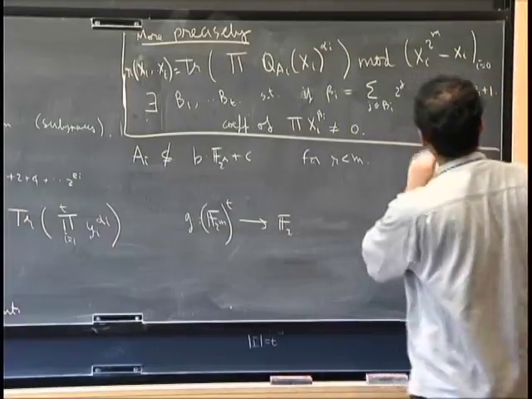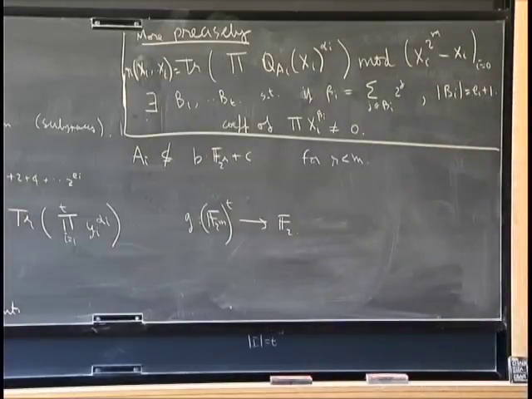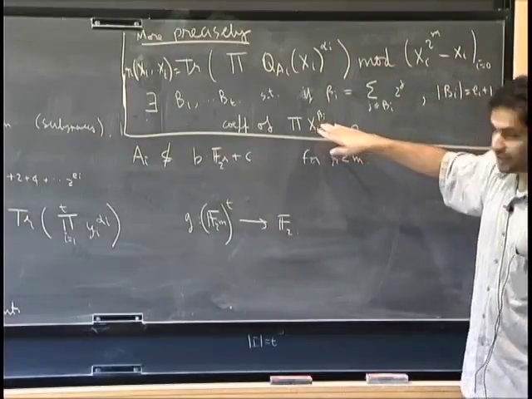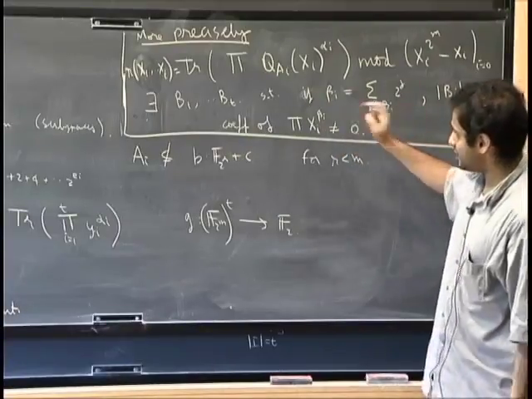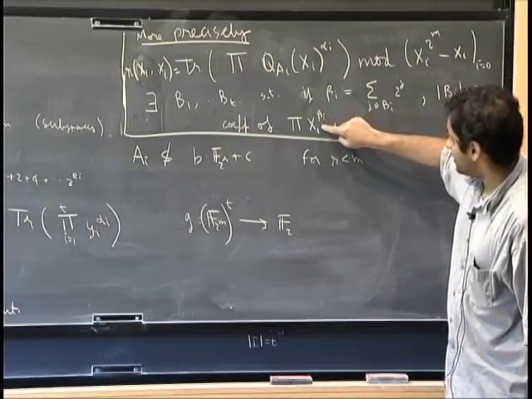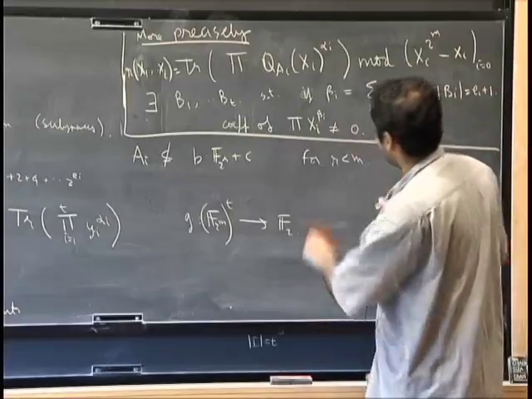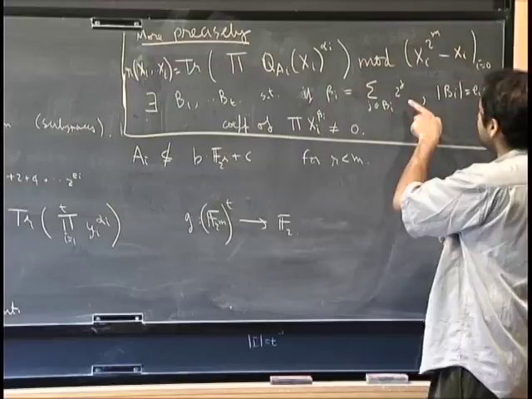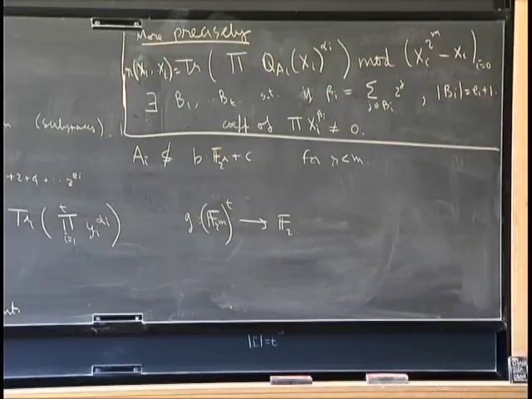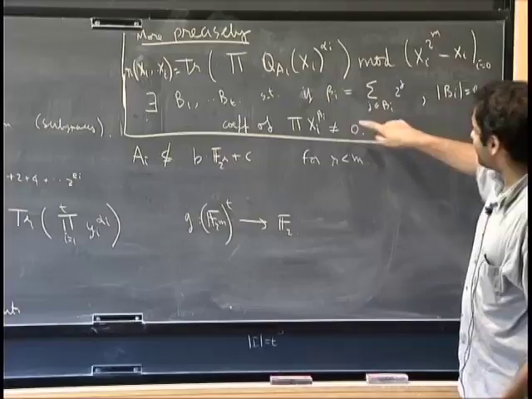Let me parse this somewhat. There is a monomial which has a non-zero coefficient, and that monomial has a special form: x_i gets raised to the power beta_i, and each beta_i is a sum of exactly e_i plus 1 powers of 2.